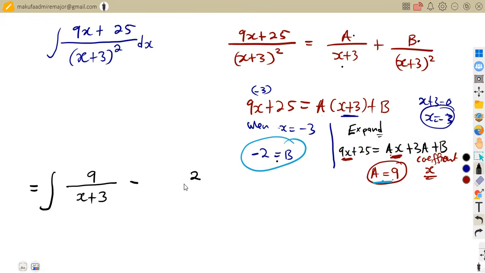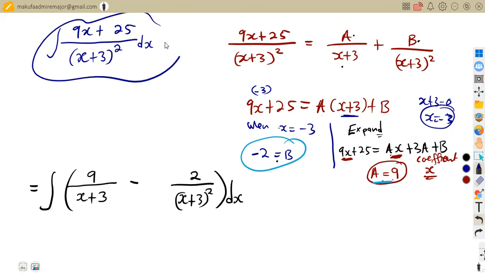So it was going to be -2 over x plus 3 squared. So this is what we are supposed to end up with at the end. And we are supposed to integrate this with respect to x. This is the same integral as this part that we're given before. So we are simply going to integrate this part with respect to x.